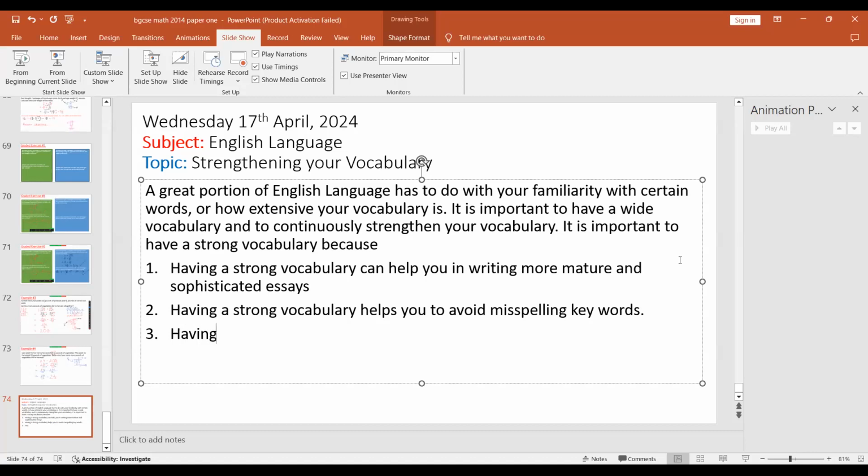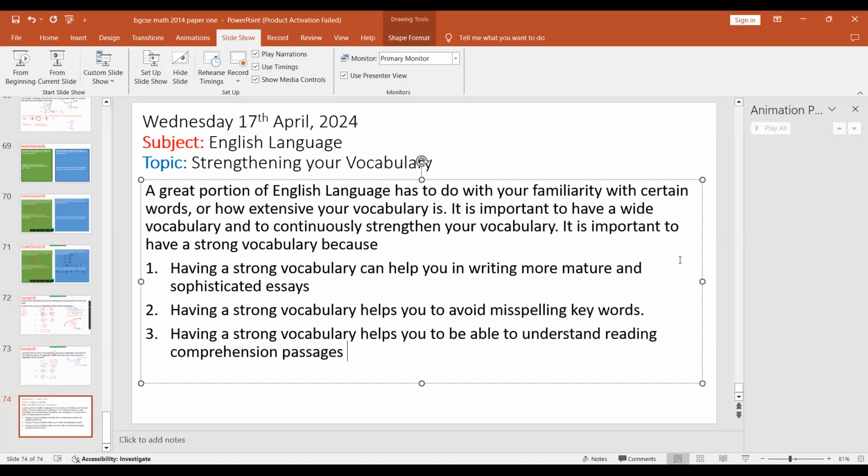Also, having a strong vocabulary helps you to be able to understand reading comprehension passages on a deeper level.